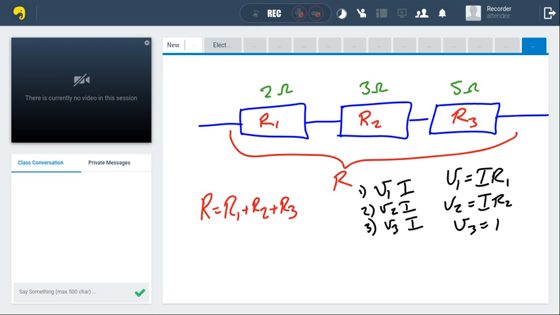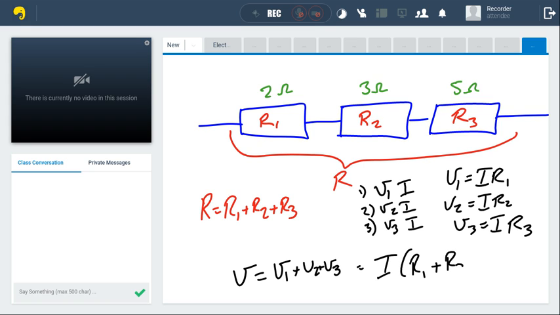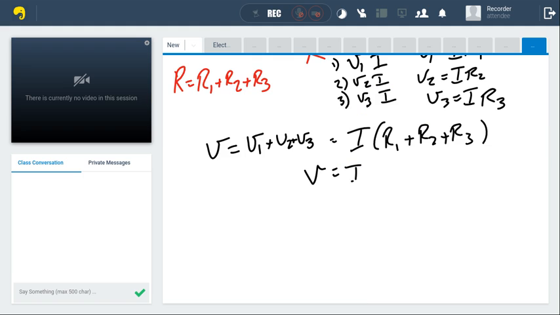And I would know that V3 is equal to I R3. I know that V is equal to V1 plus V2 plus V3. And so that is I times R1 plus R2 plus R3. But I would also know that V must be I R. And so now I have that.